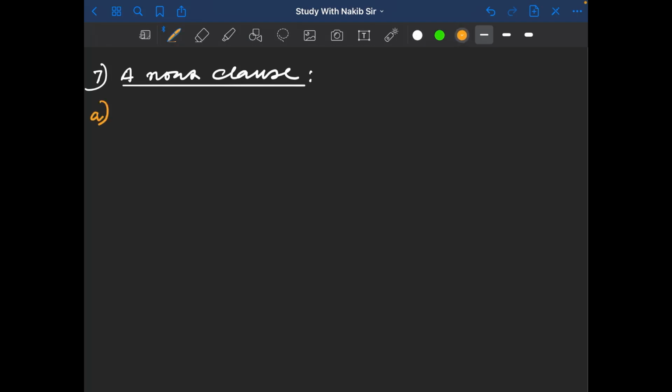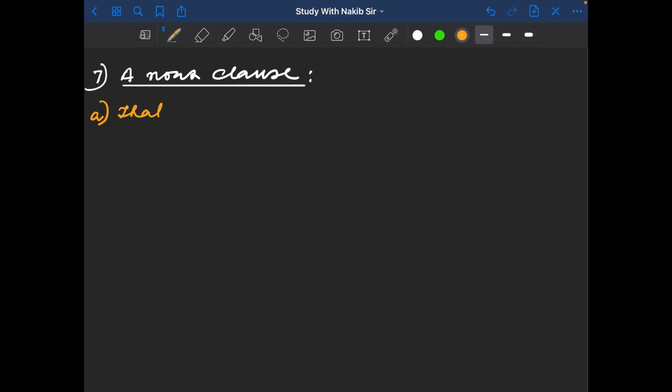Okay, now in a sentence, if you get a noun clause, for that noun clause you can make a separate sentence. Take one example and see.